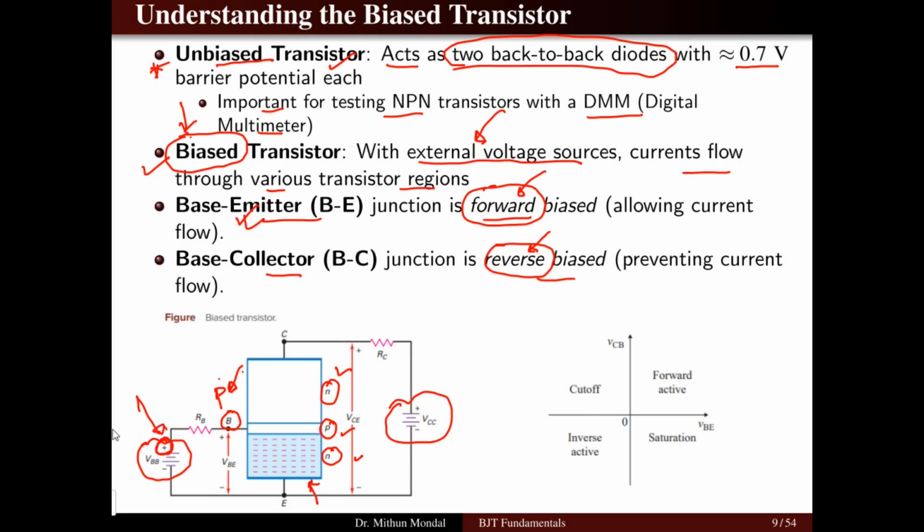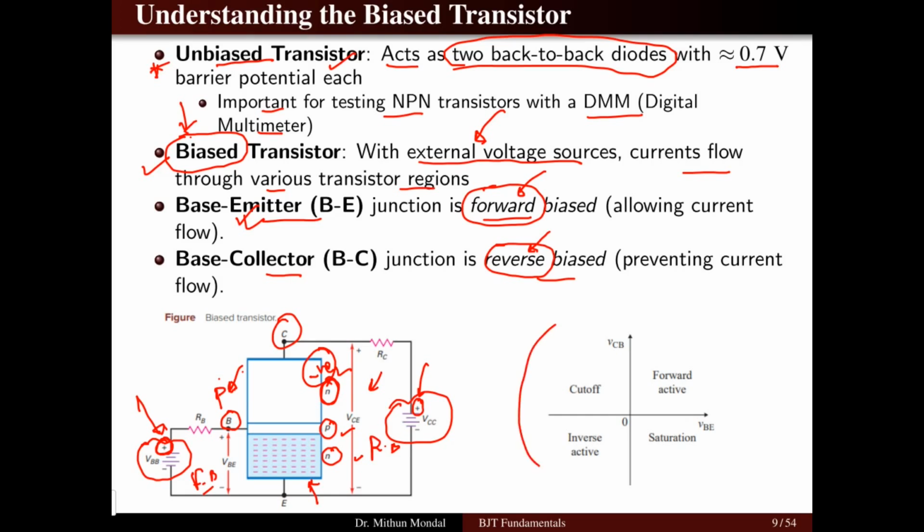Whereas the collector is n type material, so obviously it is negative. Since we need to make the collector-base region reverse biased, we want to connect it with the opposite polarity. So here we have connected positive polarity, and hence we can say this is the reverse biased junction, and here you have the forward biased junction.